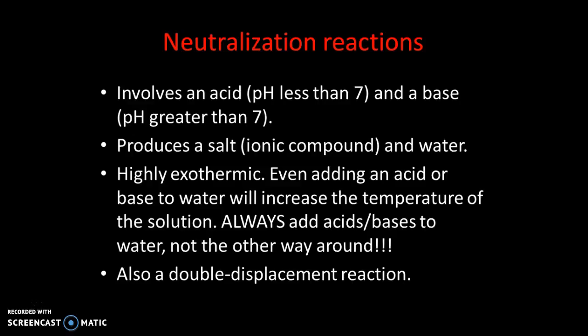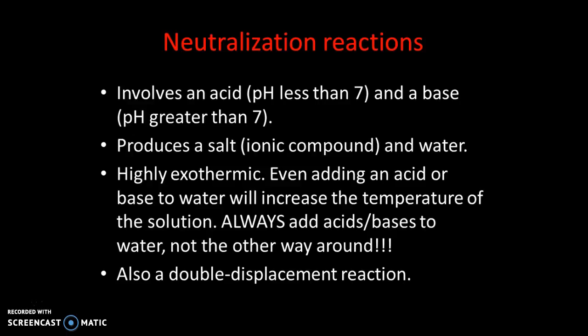However, there are a couple clues here that you should be able to realize, and one of those is that it's also a double displacement reaction. So we had this in the quiz where one of those choices could end up being two types of reactions, and that was our neutralization. So neutralization is also a double displacement, so look for that AB plus CD equals AD plus CB format.